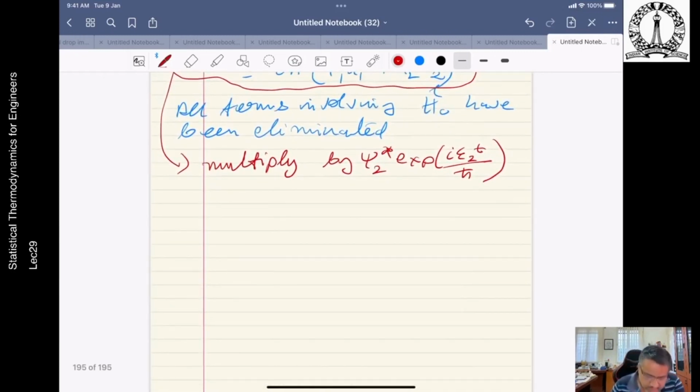Now we substitute from the solutions that we have already got, that is chi1 and chi2.